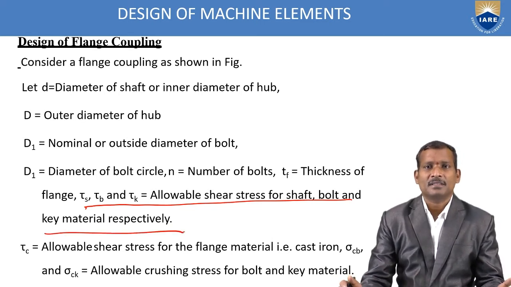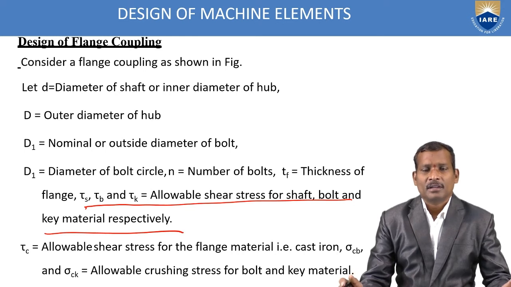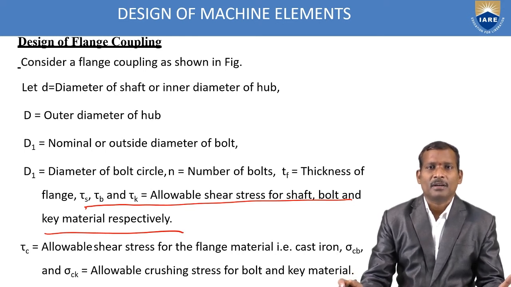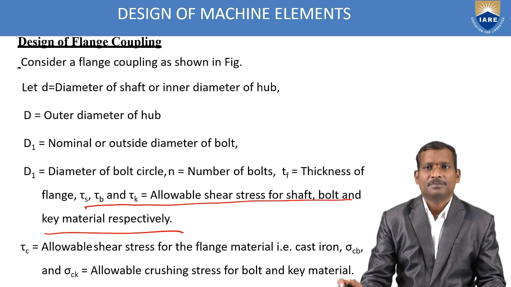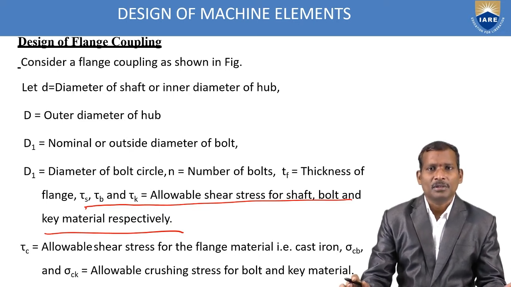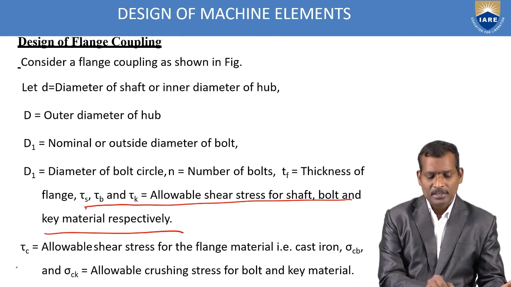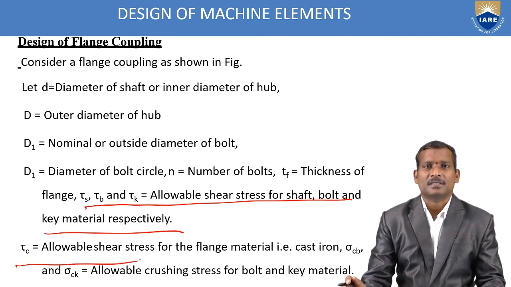The shear stress depends upon the material: the shaft material, the bolt material, and the key material. They will be given in a problem; if not given, you have to assume. Next, tau c is the allowable shear stress for the flange material, that is cast iron.